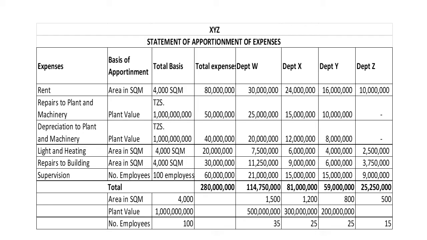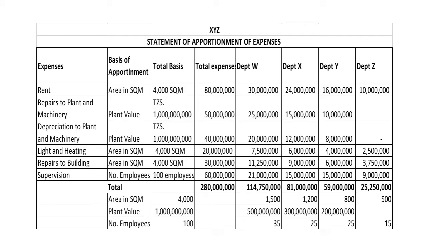In the first column, we have those expenses, rent, repair to plant. And for the basis of apportionment, for rent we will use area in square meters. The total area occupied by departments W, X, Y, Z is 4,000 square meters, and the total expense is 80 million.